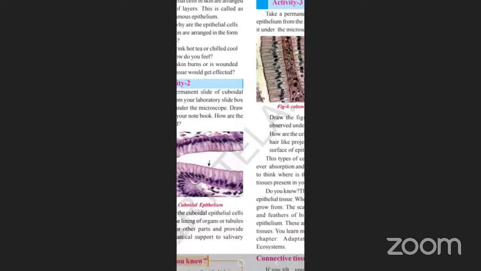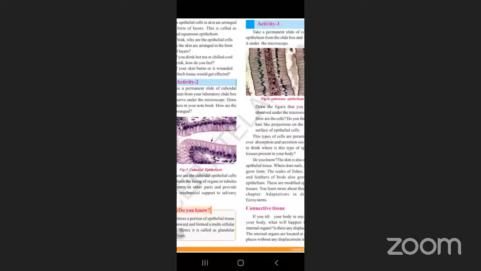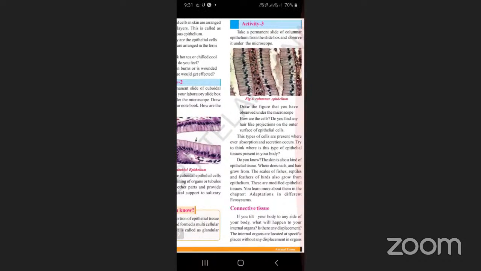Okay. Next, let us go for activity 3. Take a permanent slide of a columnar epithelium. First of all, squamous epithelium. Second one, cuboidal epithelium. Third one, columnar epithelium.